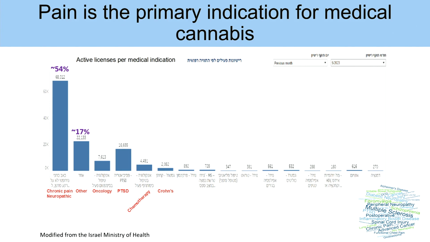In Israel, 54% of the medical cannabis licenses that the Israeli Ministry of Health gave were for chronic pain, when the next indication was only 17%. And this picture is throughout the world. The main indication of cannabis is for treating chronic pain.